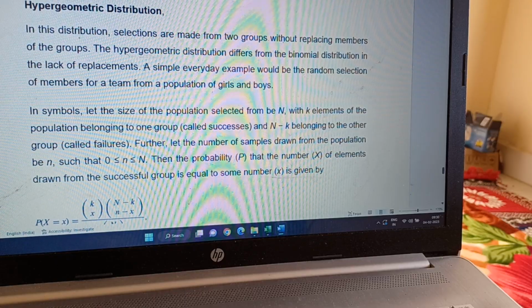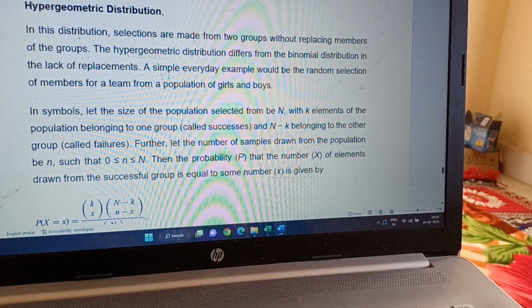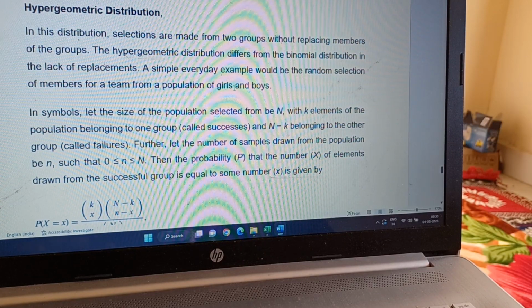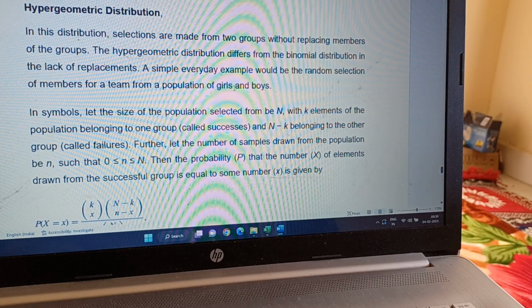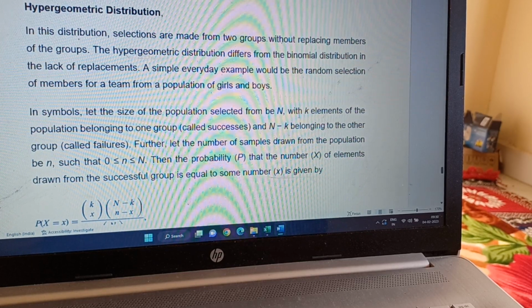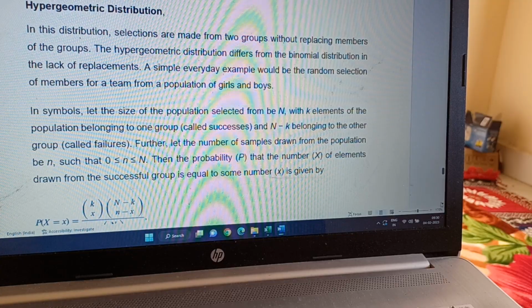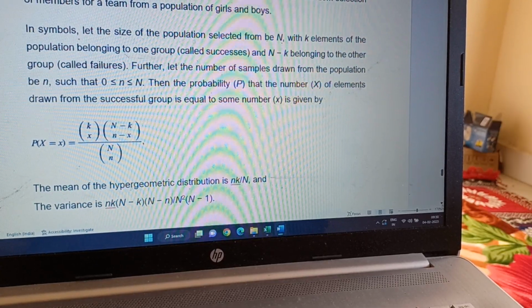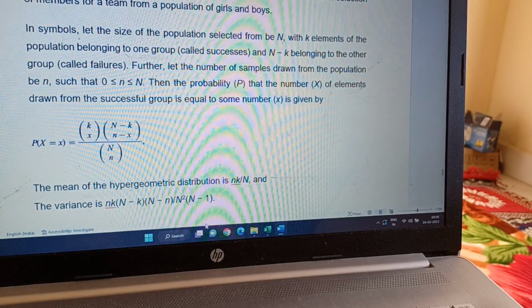A simple everyday example would be the random selection of members for a team from a population of girls and boys. One group is of girls and the other group is of boys, and they will be selected; the team will comprise both. So in symbols the formula is like this.